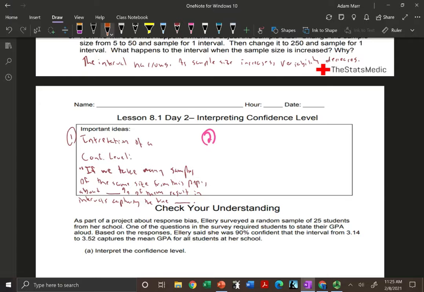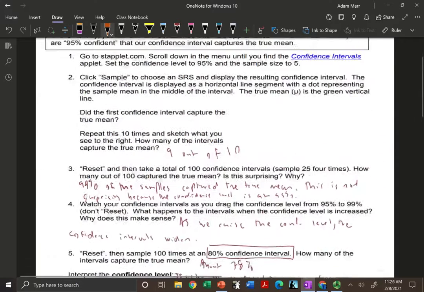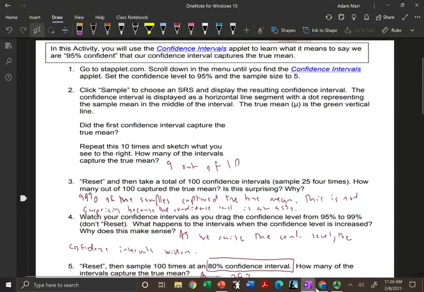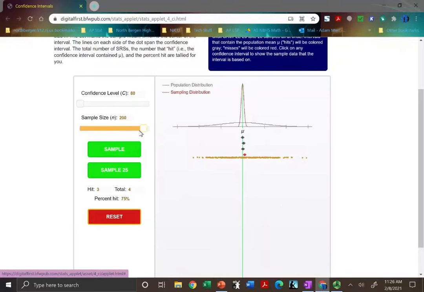Part 2. We're going to be doing what affects margin of error? Now, we didn't really talk too much about margin of error yet, but in a confidence interval, you have a point estimate right in the middle, and to the right is your positive margin of error, to the left is like the negative margin of error.